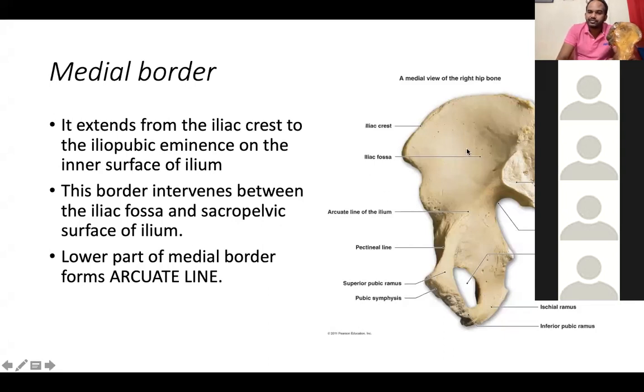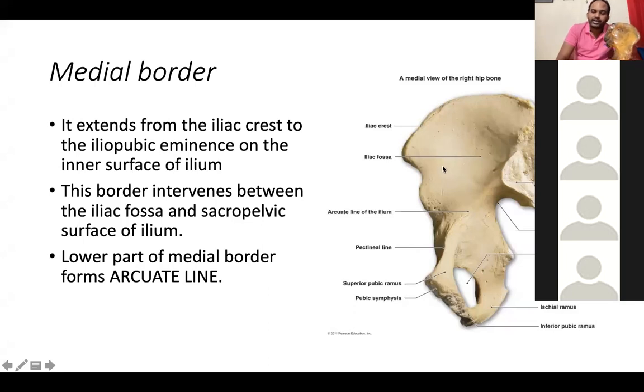So this is a medial view of the hip bone you are seeing. This is the medial border. In front of the medial border, this is called the iliac fossa. Posterior to the medial border, this surface is called the sacropelvic surface of the ilium. The lower part of the medial border continues as the arcuate line.